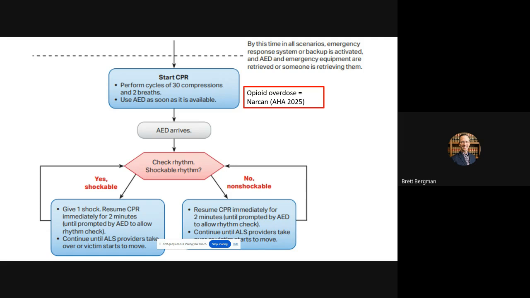We really want to, as soon as possible, get that patient onto an AED, follow the AED prompts, and then if we give a shock, we immediately resume another 2 minutes of CPR until we do another pulse check. So that heart is still in a vulnerable state after a shock. We want to go back to high quality CPR, get through that 2 minute cycle, and then check for a pulse then.